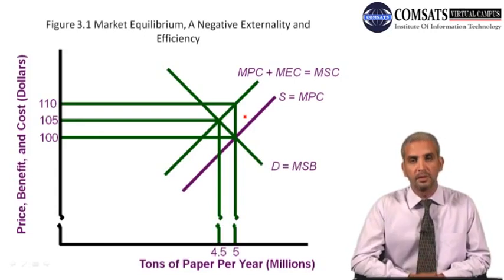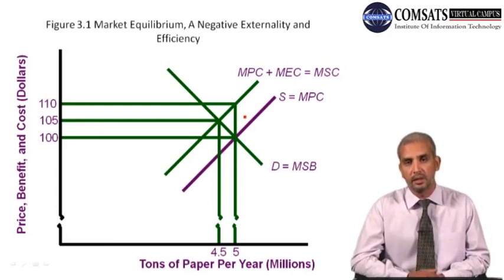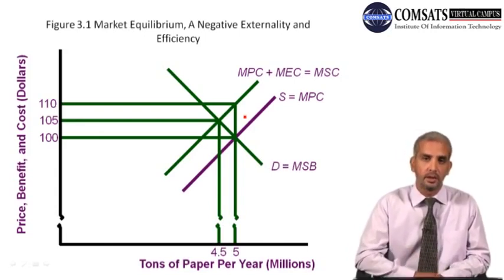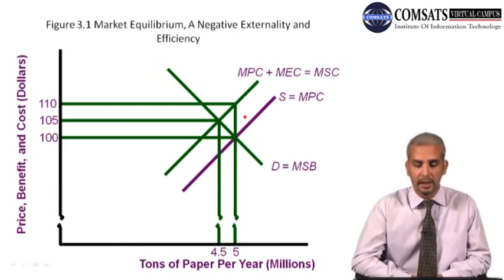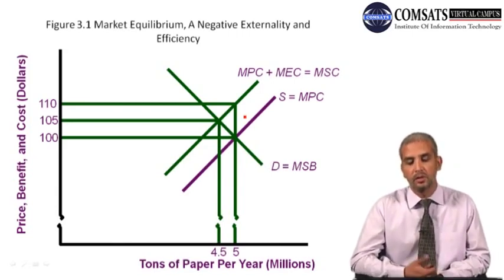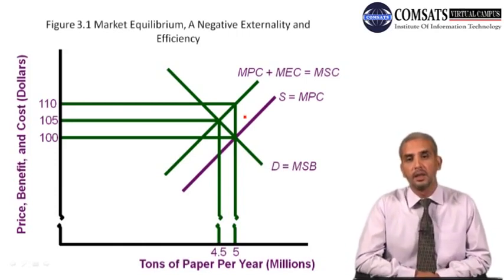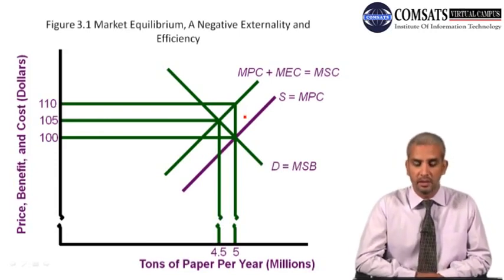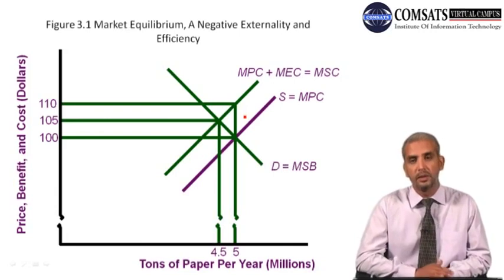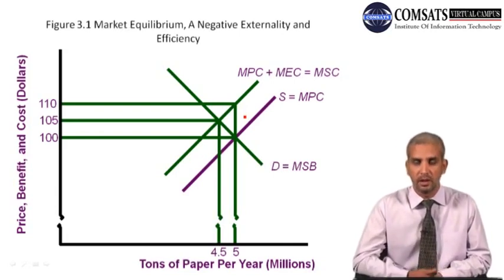What happens here is that when external costs which are not accounted for are added, the marginal private cost is no longer equal to the marginal social cost, because there is a difference, which is $10 here. So marginal external cost added to marginal private cost gives the total marginal social cost. The marginal social cost after adding the externality is $110.